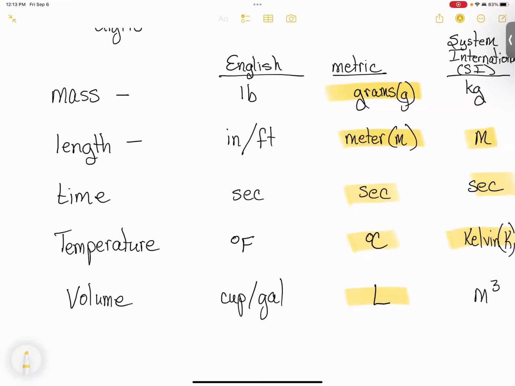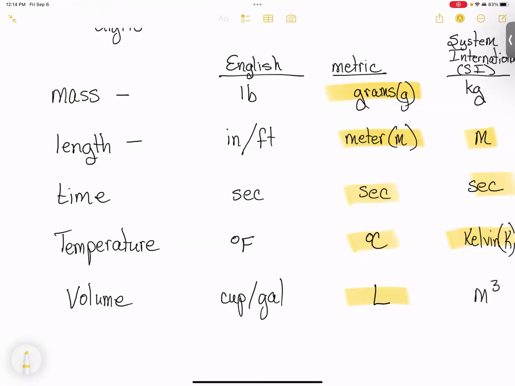Now, on the page I handed out, the top half of the page, you will receive on an exam. The top half of the page is broken down based off of the type of measurement you're making. Are you making length measurements?